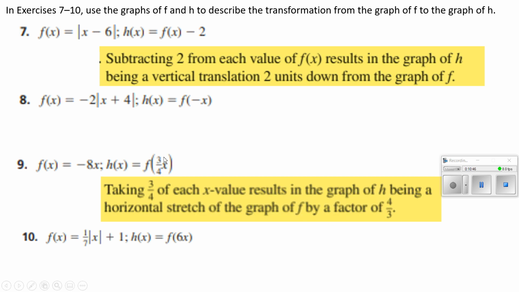And remember, when we're doing factors, we take -8 and divide it by 3/4, which means we multiply by the inverse, which is 4/3. All right. Number 10 is for you to do.